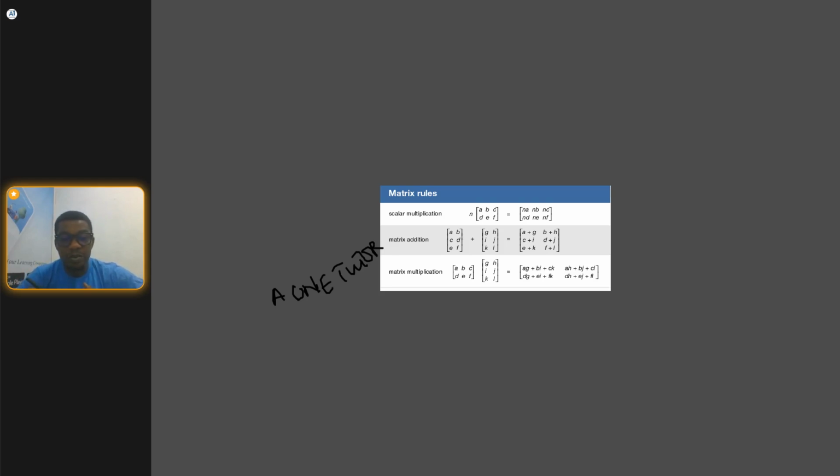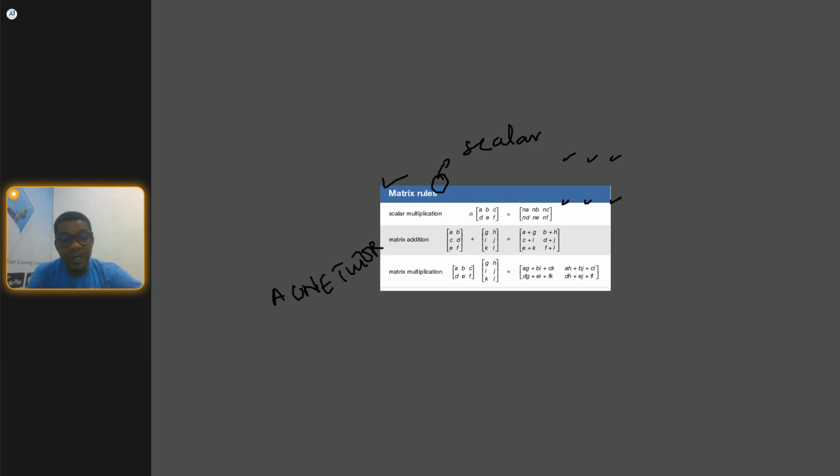To recap what we've done in the previous class, we did scalar multiplication, where you'll be given a particular matrix, and n here represents a scalar, which implies that you will be multiplying every one of the elements in the matrix by n. That is why you have NA, NB, NC, ND, NE, and NF.